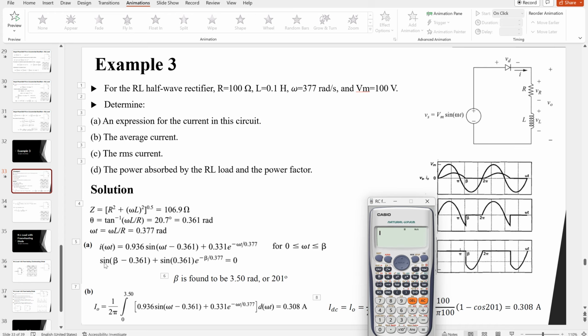First we would like to write this equation inside the calculator. First we have sine, so I will select sine. Then we have beta. Beta is our variable, which we would like to solve. So I'm going to choose alpha, which is the alphabet key, and choose any symbol for beta, which is x or y or z, whatever, inside the calculator.